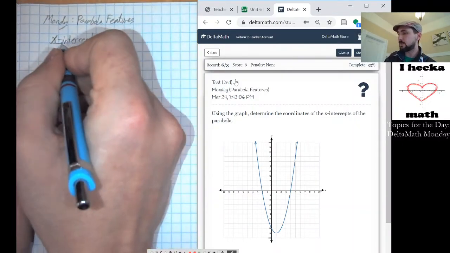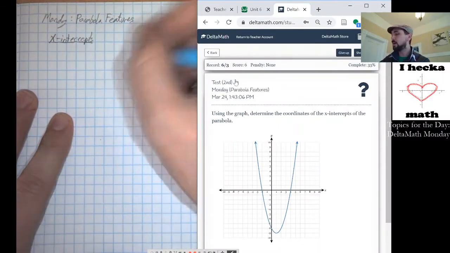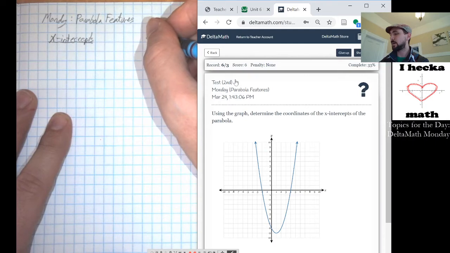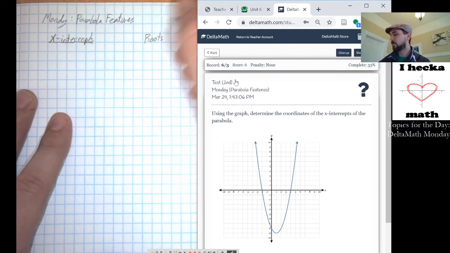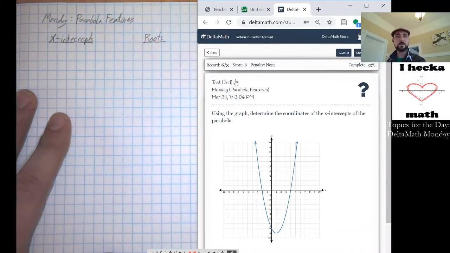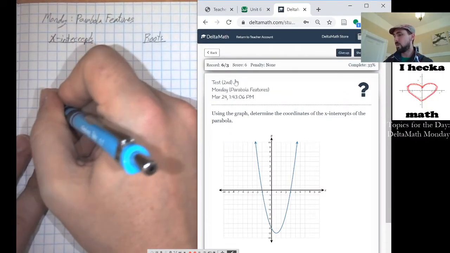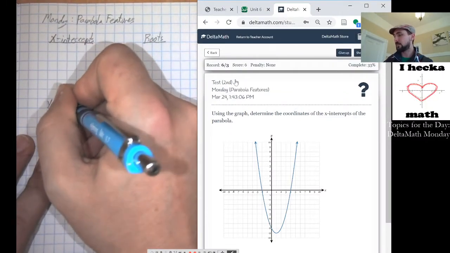But instead of doing this problem right away, I'm just going to write down some of the other things I know we're going to need. Another feature they're going to ask us about are the roots. They're also going to ask us about the y-intercepts.